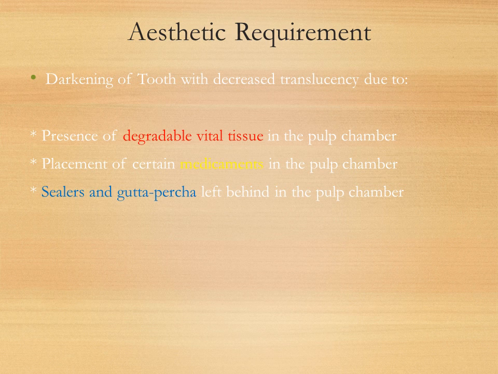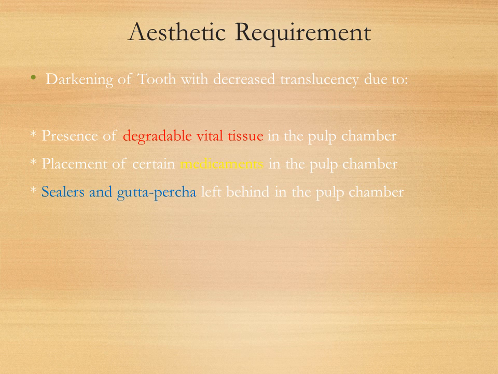You see that there is a continuous draining sinus, and the abscess is not healing, the periapical lesion is not disappearing, the patient is totally symptomatic, even after placing your calcium hydroxide for a couple of weeks. So then you decide to switch over to a more potent or more powerful intracanal medicament. In the cases of using doxycycline and metronidazole, there is a chance that your tooth becomes discolored. So that is another reason.